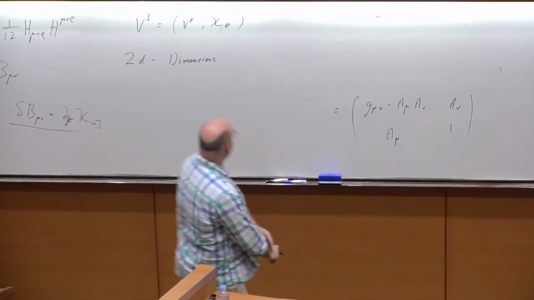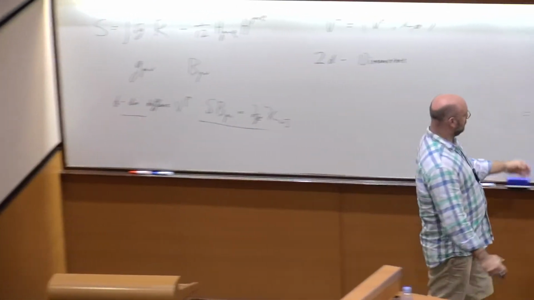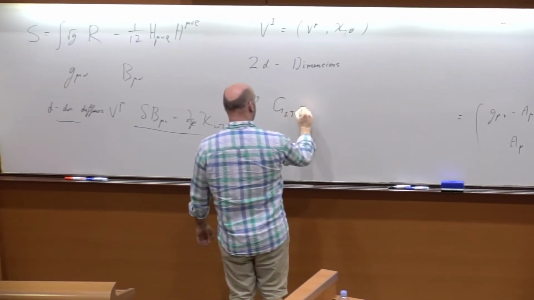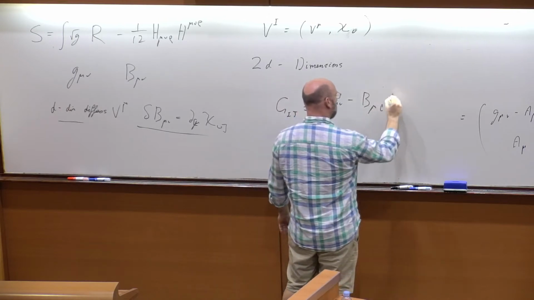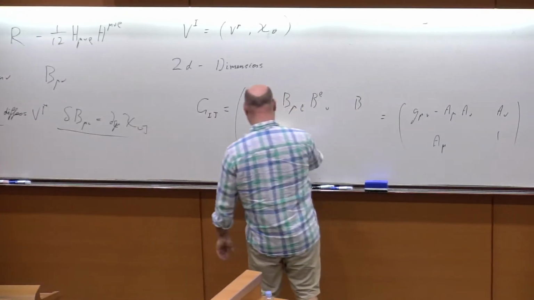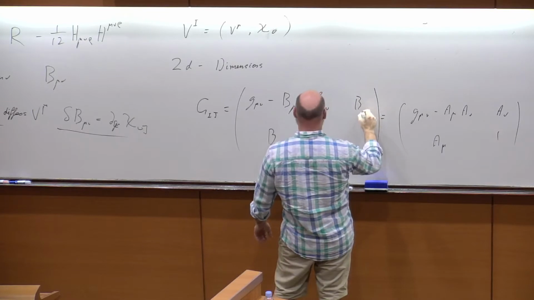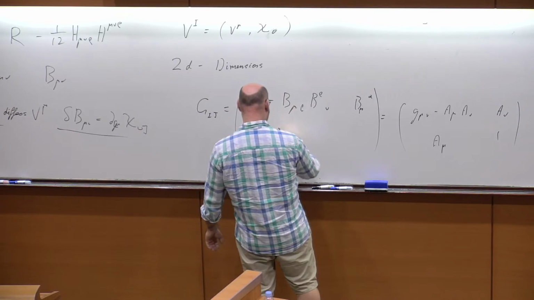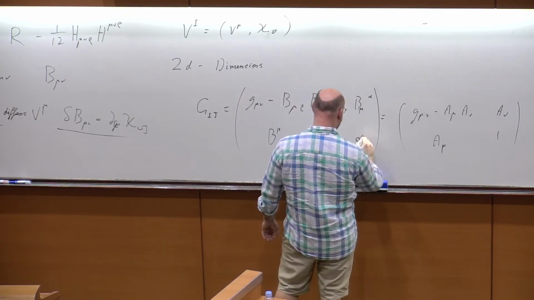And the next thing you do is say, well, how do I combine G and B? Well, you look at this thing, and you can construct a metric, and then I need something down here, and I just write the answer.